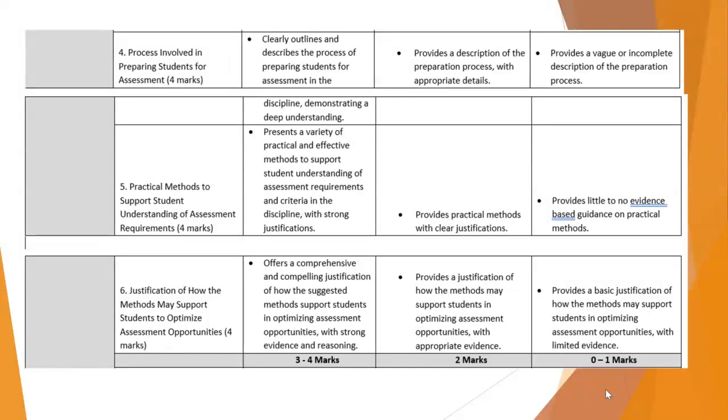But what you need to do is say why in particular it is applicable to your discipline and the best method for your discipline. And then lastly, the justification of how the methods may support students to optimize assessment opportunities, that is also for 4 marks, offers a comprehensive and compelling justification of how the suggested methods support students in optimizing assessment opportunities with strong evidence and reasoning.